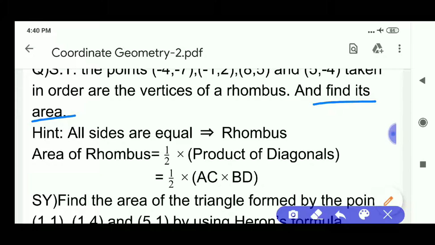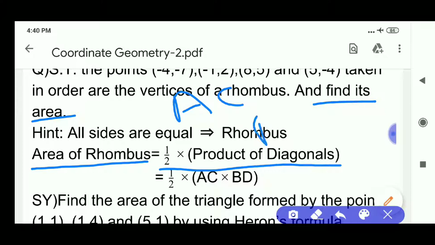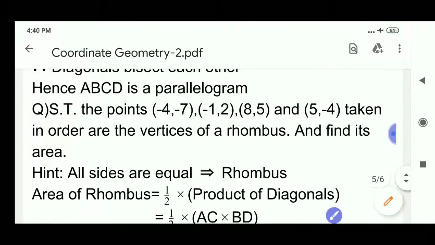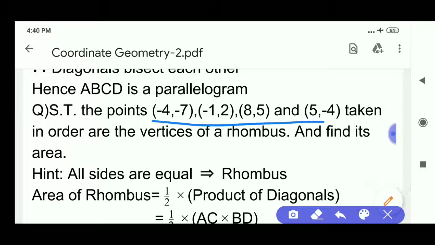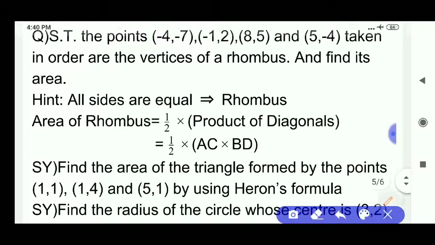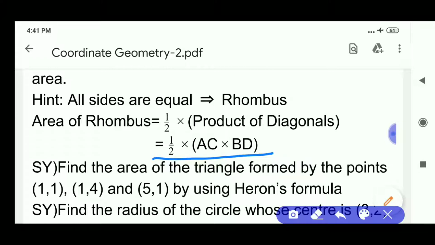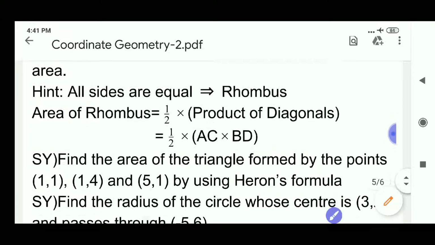How to find its area? The formula to find area of a rhombus is half into product of diagonals. You know that one diagonal is AC, another diagonal is BD. From the given points, find the length of AC and BD. Now, substitute it in this formula, half into AC into BD. You will get your answer.